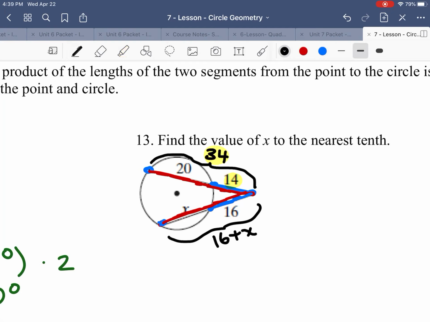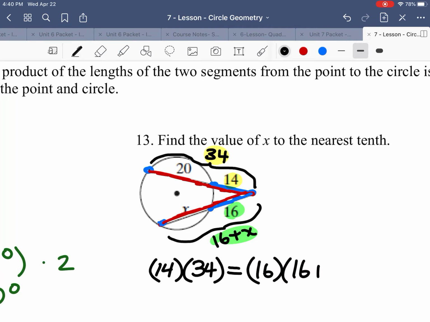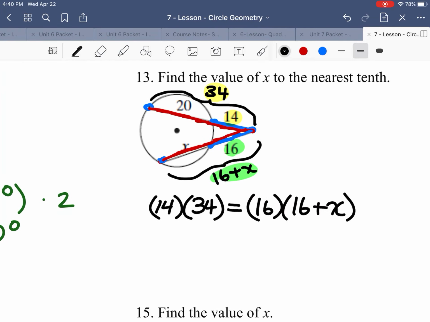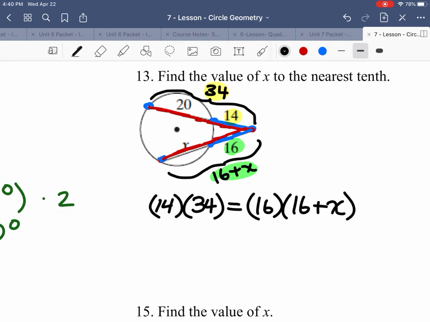So if I take those two lengths, the 14 and the 34, multiply them, and then I also take in the same order the 16 and the 16 plus x, that would be a correct relationship that would allow me to solve for the value of x.